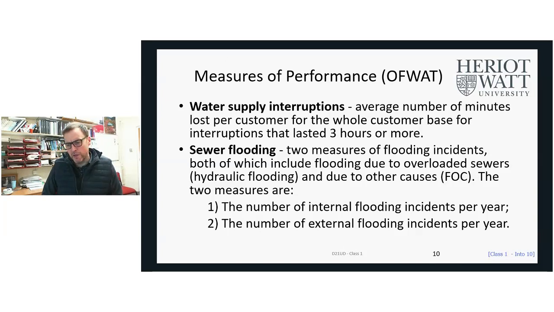If you get the worst storm in living memory, it may not be surprising that your sewerage system floods, because that flow event may be much higher than the system was ever designed for, or people could even expect it to be designed for. But where you're getting flooding due to quite routine rainfall events, people are perfectly entitled to be concerned about that.